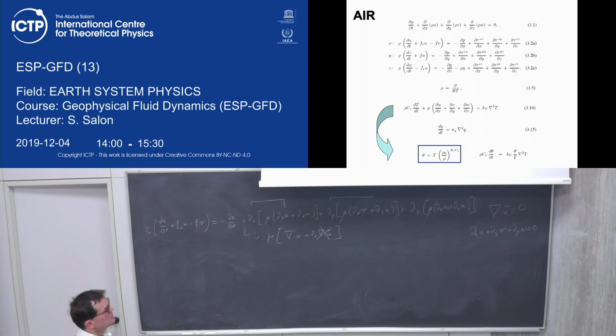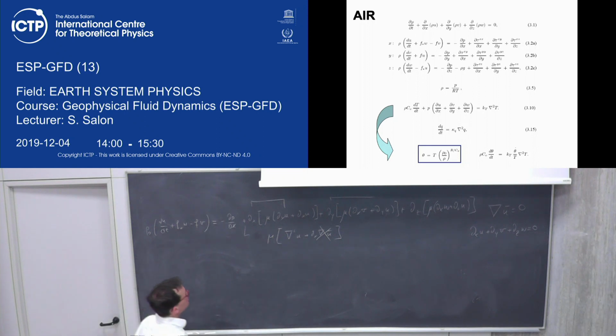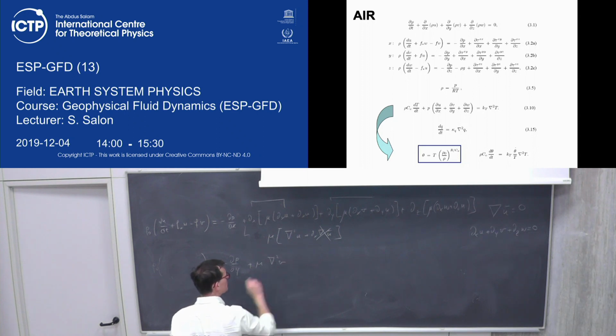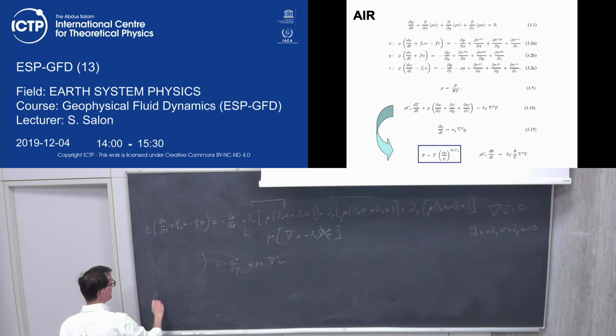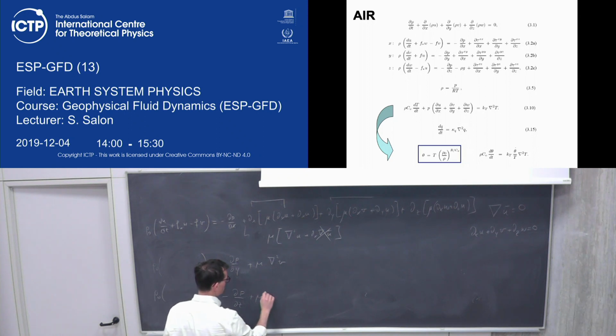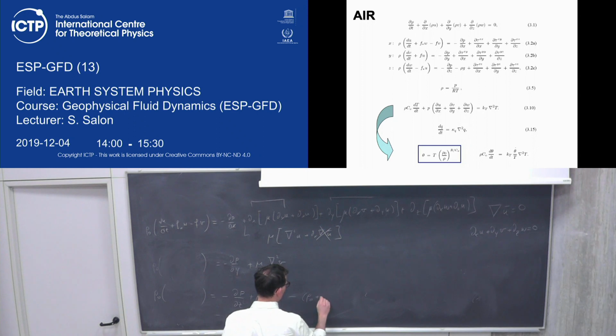Okay. So for this term, we will just remain with this one. For the v component, we will have minus dp dy plus mu Laplacian of v. And for the z component, we will have minus dp dz plus mu Laplacian of w. And then we have minus rho g. So we have rho 0 plus rho prime g.